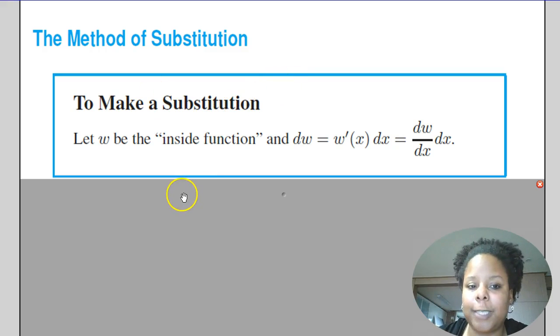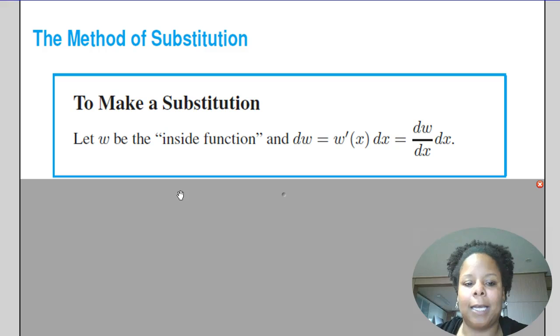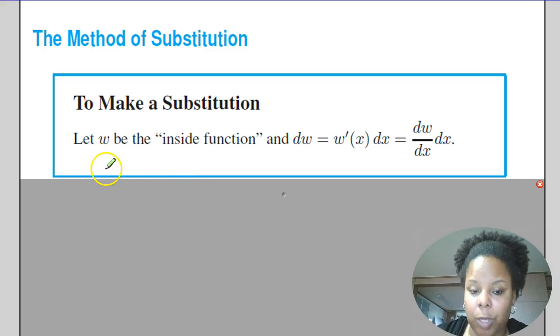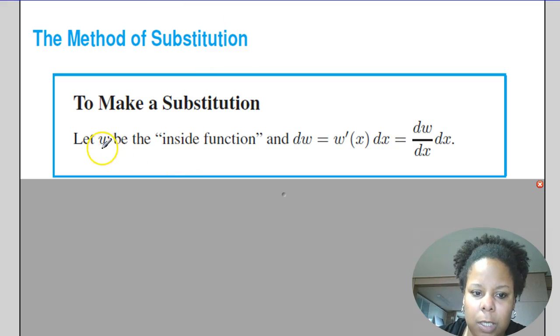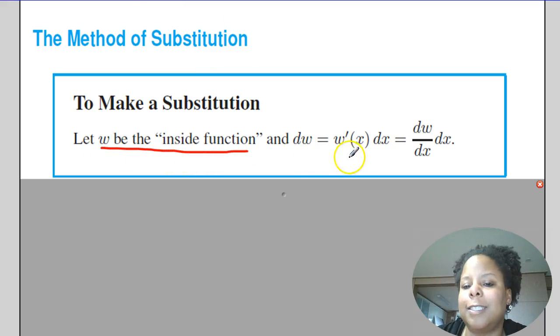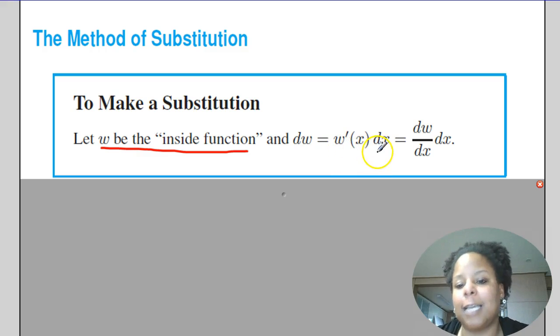In order to use the substitution method, you must first identify what function is going to be the w, and it's going to represent the inside function of a composition of functions for your antiderivative. So if w is the inside function, then dw is going to be equal to the derivative with respect to x times dx.